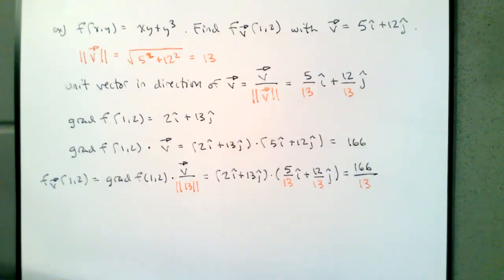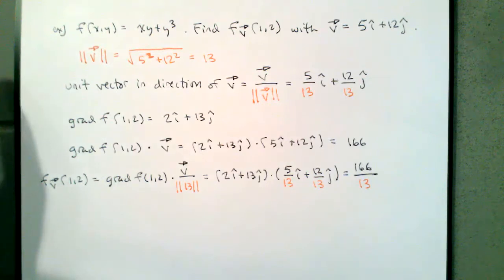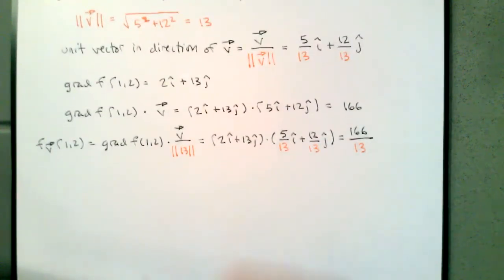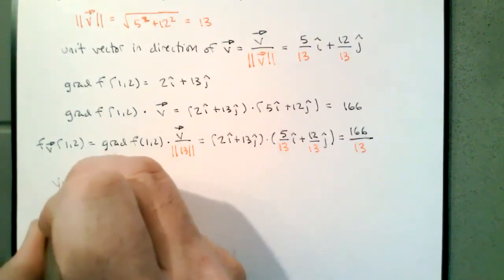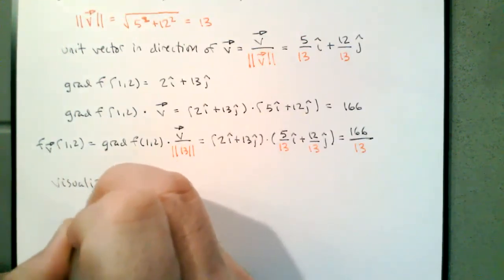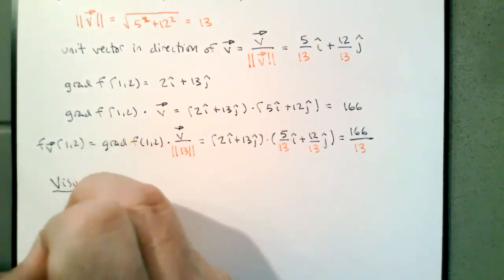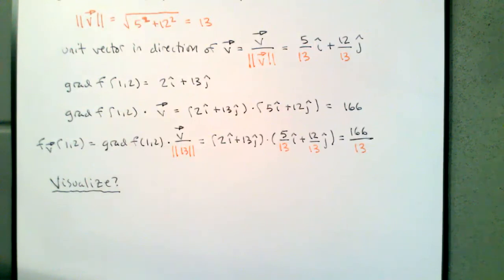All right, so how can we think about what's going on here? We want to make sure that this still looks like we're using all the same words, derivative in a particular direction, that we used in Calc 1.